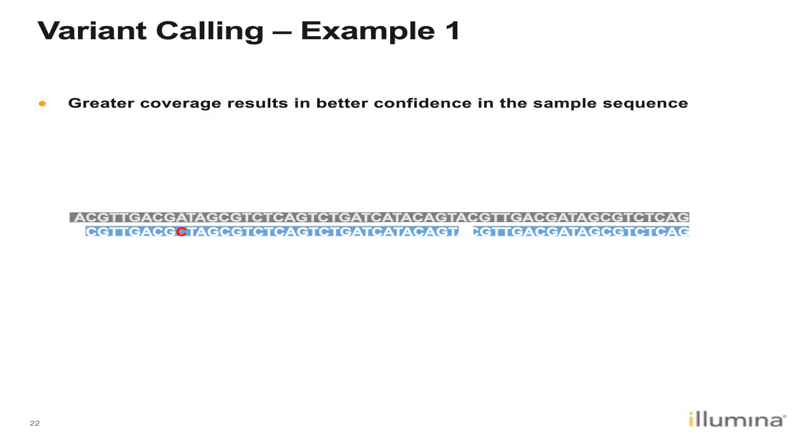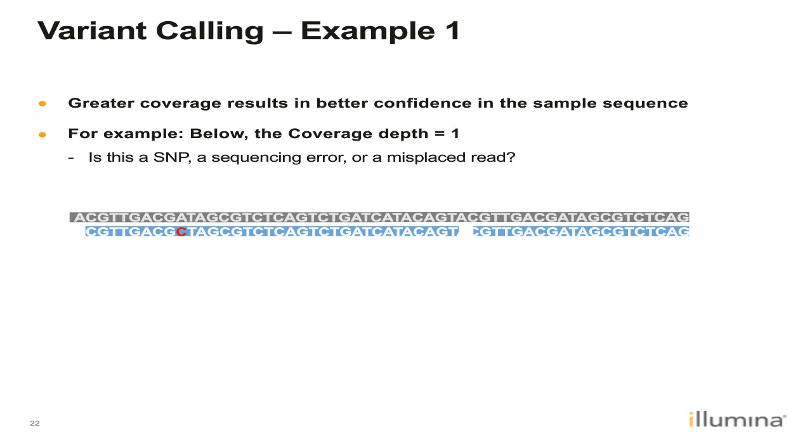The answer is, just based on this example, we only have a depth of 1. So we can't confidently say that it is an actual SNP, because it could be a real variant, or it could be a sequencing error, or it could even be a misplaced read. So it's still a variation. It's still an interesting location to look at, but can we confidently call this a variant? The answer would be no.